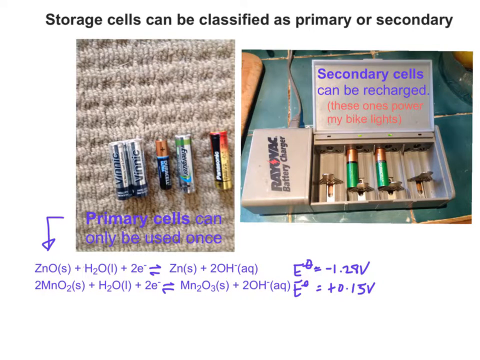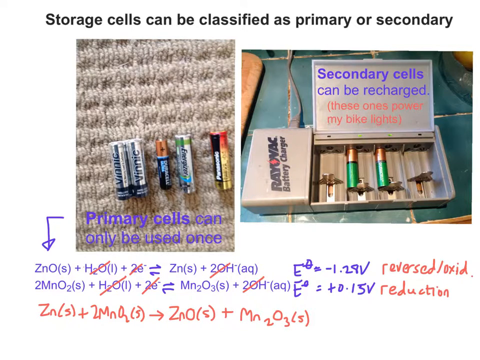If you already had a look at how we decide using electropotentials whether it's an oxidation or reduction out of two half cells, you'll know already that the manganese dioxide half cell has a more positive electropotential, so it remains as a reduction, but the zinc oxide half cell is reversed because it's got a less positive electropotential.